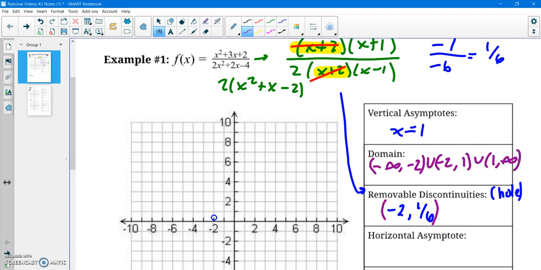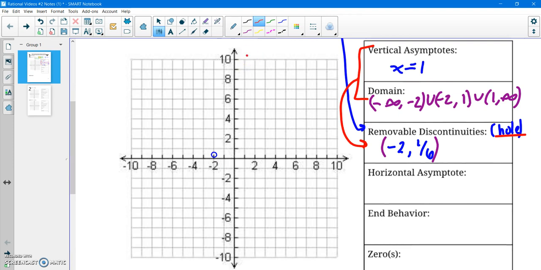There's my domain. So you know how previously we were saying domain and vertical asymptotes go together? We're now adding on a special situation, which is holes in the graph, removable discontinuities, that also tie together there. So I should throw in my vertical asymptote at x equals 1.